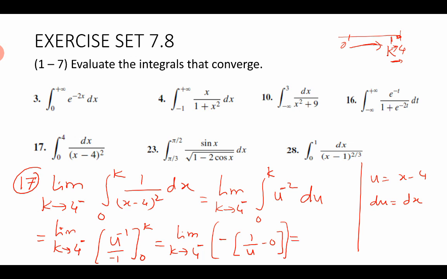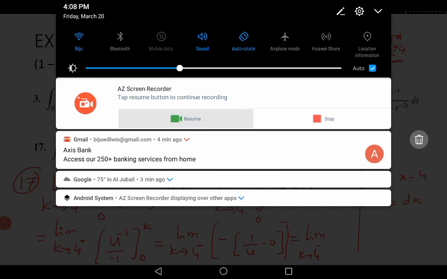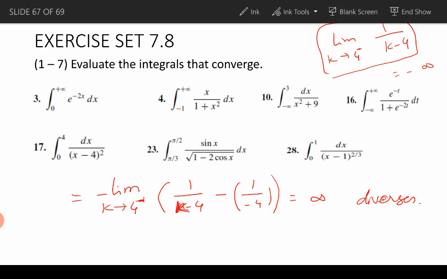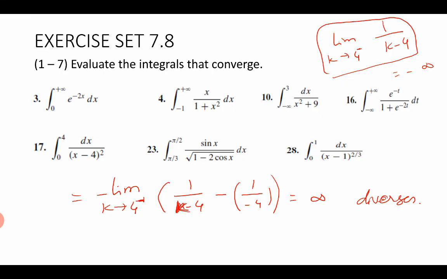So finally you will reach a limit k goes to 4 from the negative direction. 1 over u from 0 to k, isn't it? 1 over u from 0 to k with the negative.